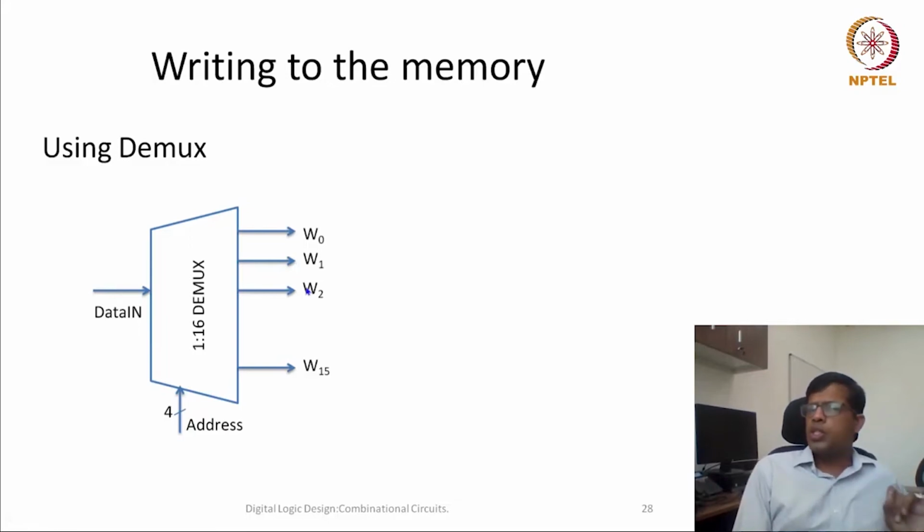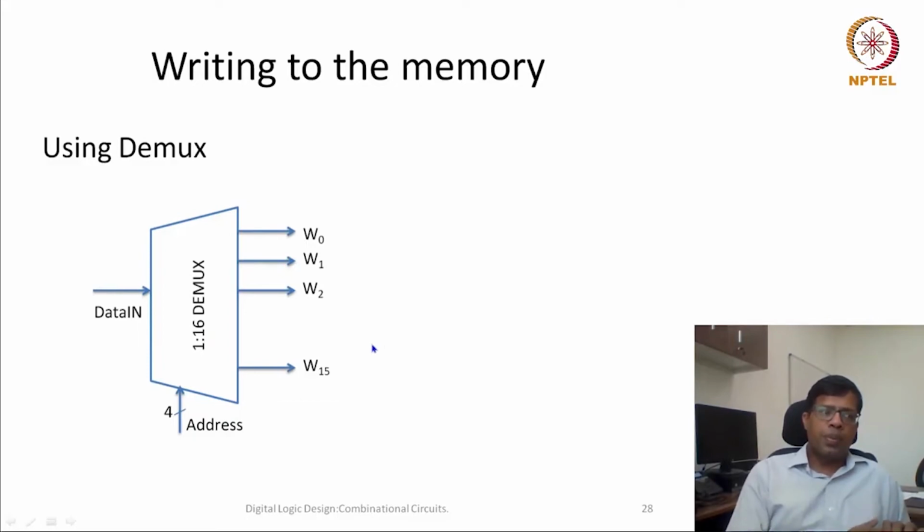So there are two issues here. One, we still have to generate the E signal, or enable signal, of each memory cell. The second is that because of using the demultiplexer, all of these W values are either 0 or 1, depending on the address.